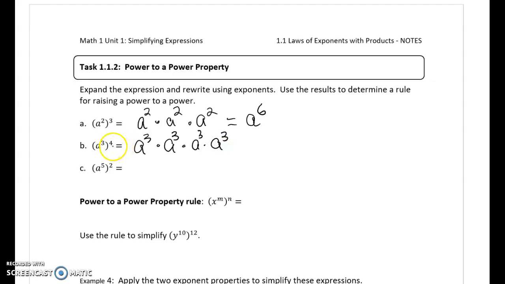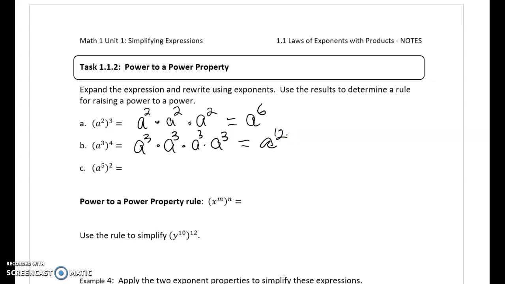Using that product to a power rule, because they all have the same base, we're going to keep that base for our answer, and we're going to add the exponents. So 3 plus 3 plus 3 plus 3 gives us 12.